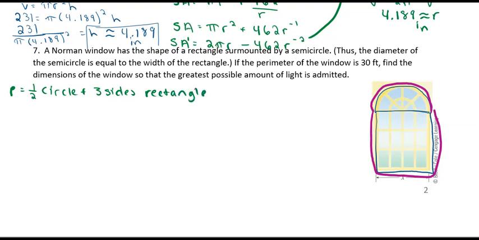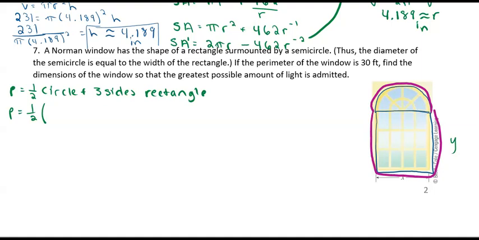All right, so let's put in some values here. We're told that this bottom dimension is x. Let's call this vertical dimension y, and let's see what we've got. The perimeter is half of the perimeter of a circle. The perimeter of a circle is pi times the diameter, pi d.